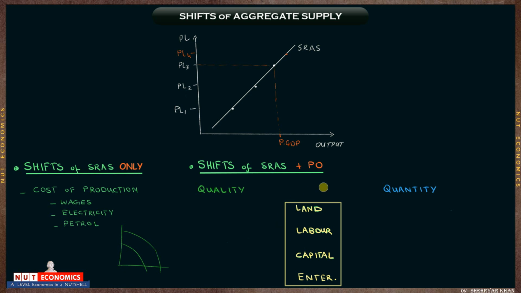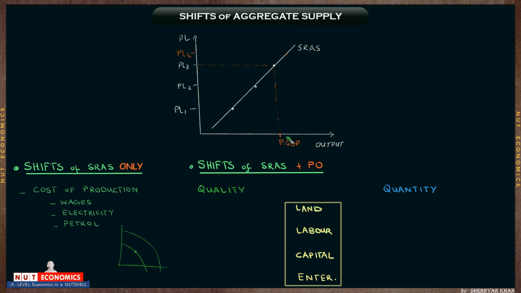Now we can apply the same thinking that, look, this potential GDP, this potential output, the maximum sustainable level of output a country can produce, it is a point on the PPC. And how will or when will this potential output increase? Well, because of the same reasons. When either of your four resources of land, labor, capital, enterprise, when its quantity or quality increases, your potential output will increase.